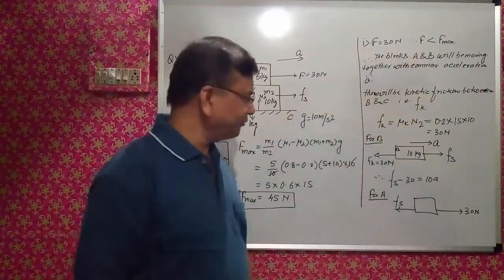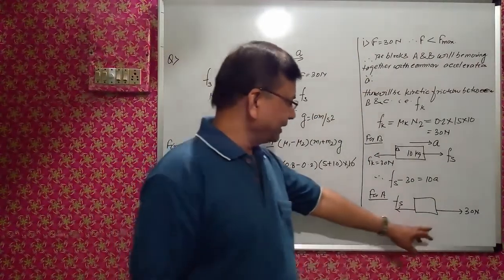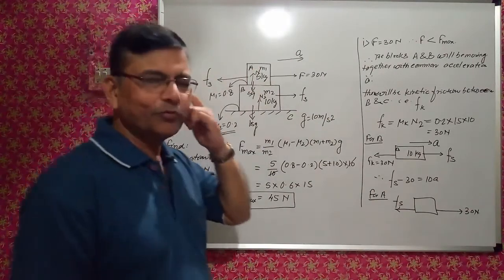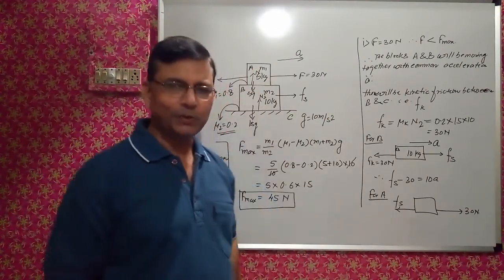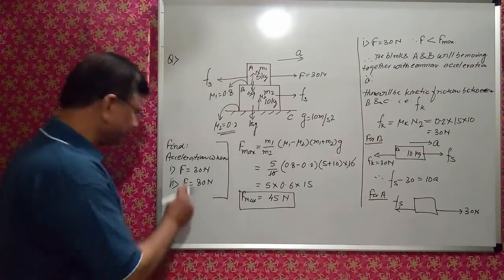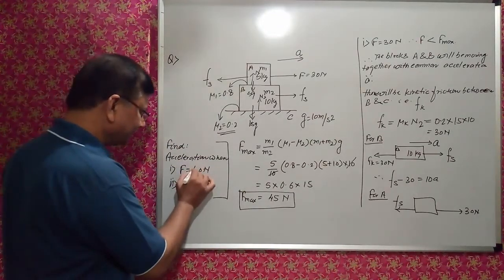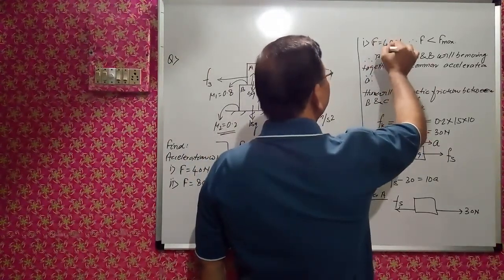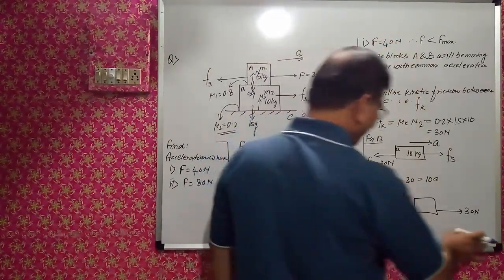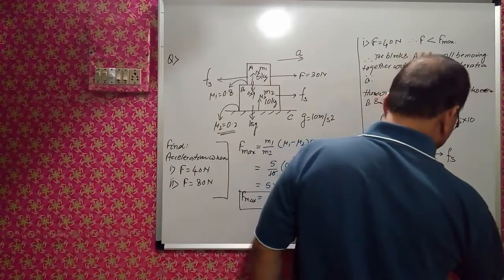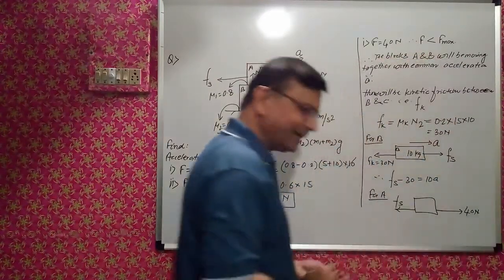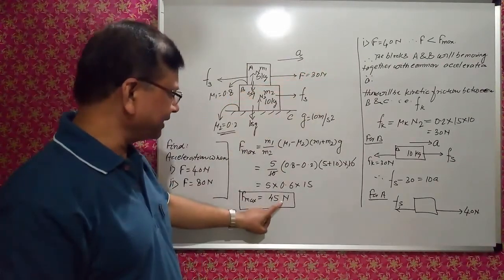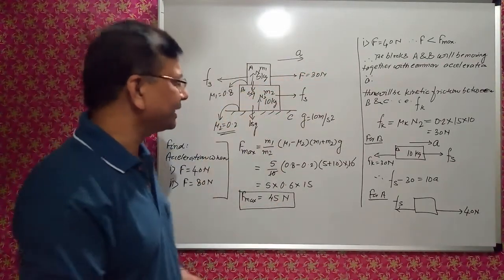Now see, if we are taking external force as 30 Newton, this block will not move and the acceleration will come to be 0. So to avoid this, we will take this F as 40 Newton. Why did I take 40? It is still less than 45, means both will be moving together, right?